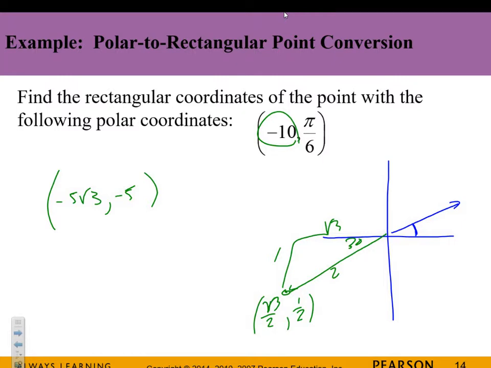Let's use the calculator method. That means that x would equal -10. No, we could just do 10. No, let's do -10. Cosine of pi over 6. Where'd the -10 go? Oh, we gotta do that. Someone calculate that. Oh, here's my calculator.